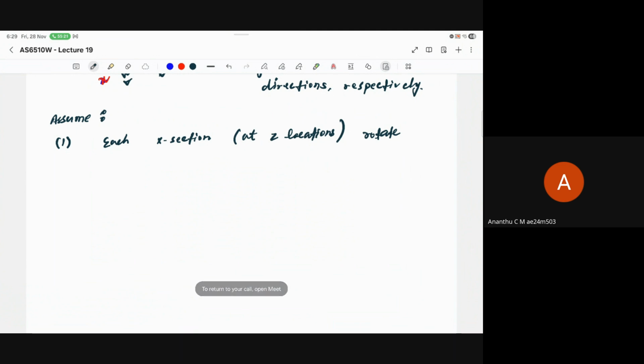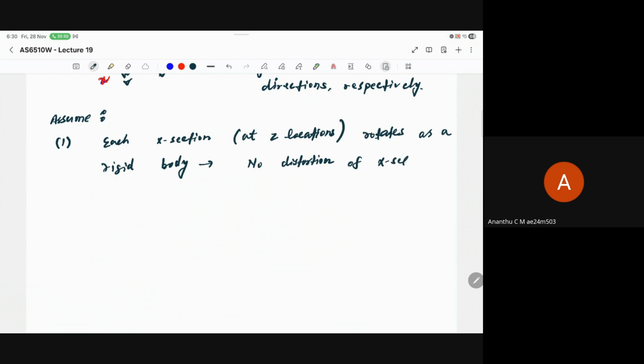Okay, so we are going to consider some assumptions. What we are saying is each cross section at z locations will rotate. Each cross section rotates as a rigid body. That means no distortion of the cross section shape in x, y directions.